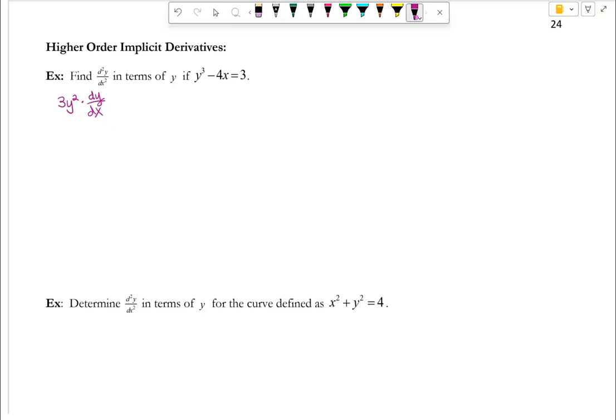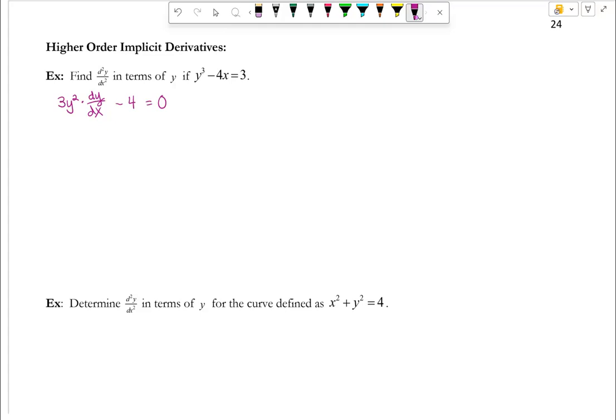And then for our second term, minus 4x, the derivative with respect to x is just negative 4, or I could think of that as minus positive 4. And again, I'm really taking the derivative of both sides of this entire equation, so on the right-hand side, this is going to be equal to 0. Okay, so this one actually wasn't so bad.